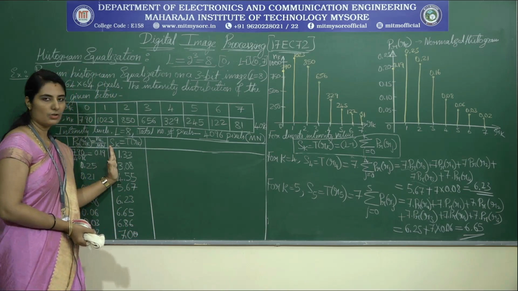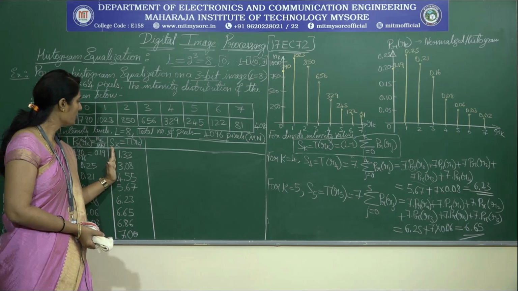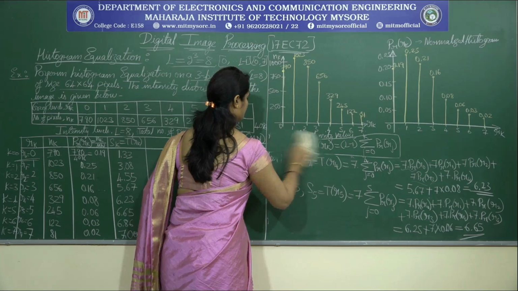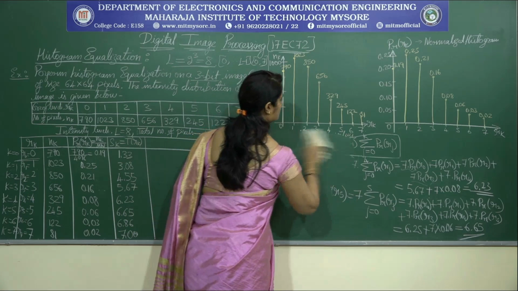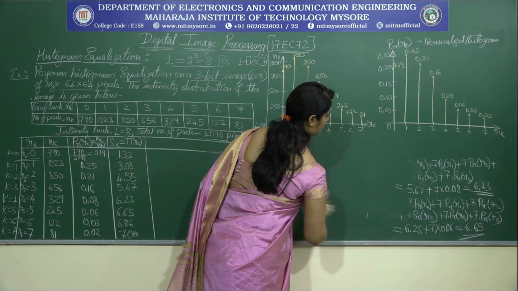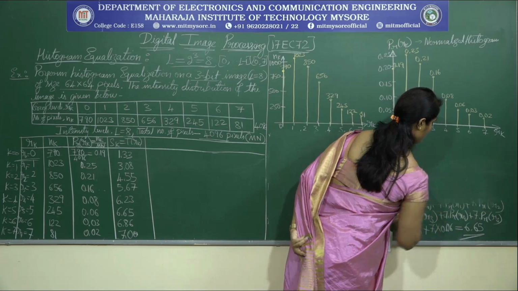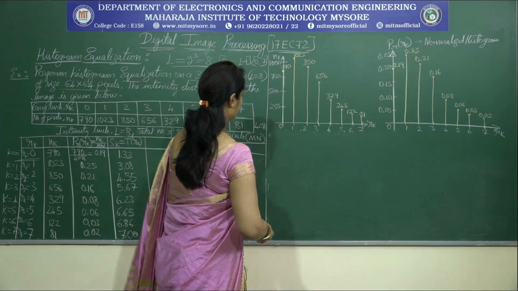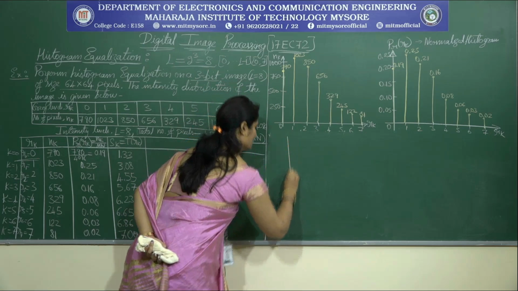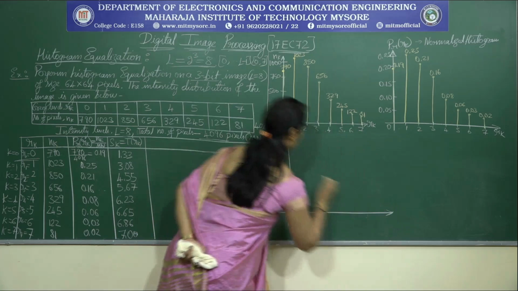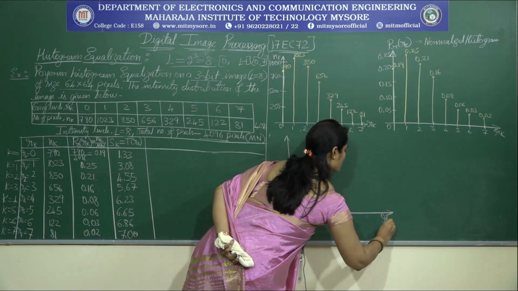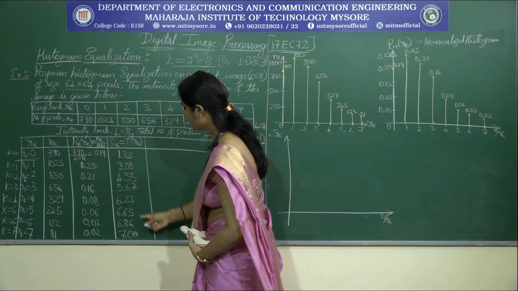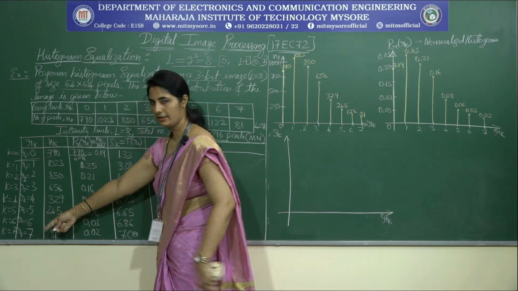Now for this column, let us plot the graph of the transformation function. I am plotting Sk versus Rk. So Sk column versus Rk column.